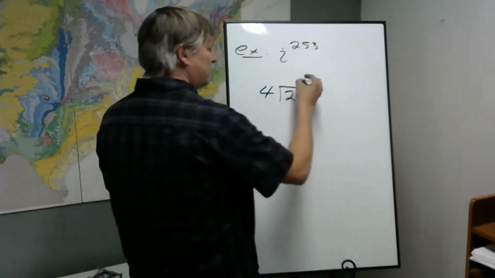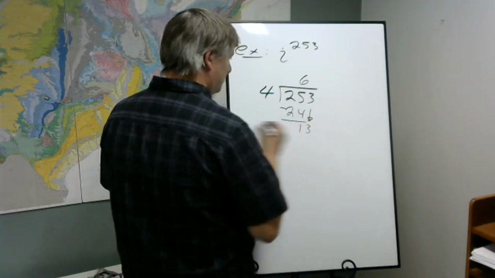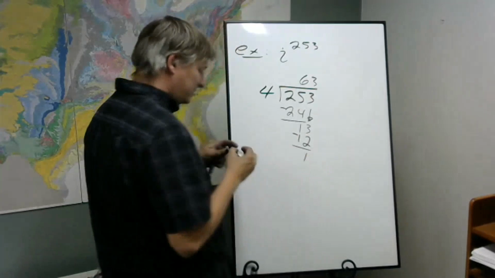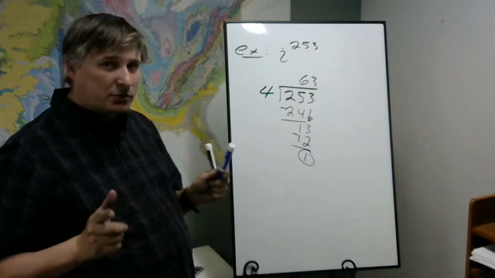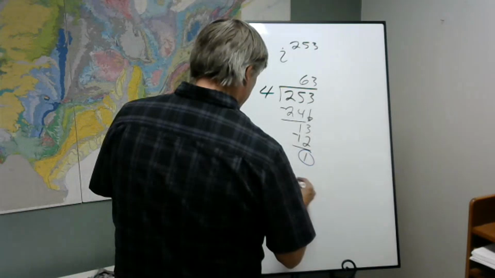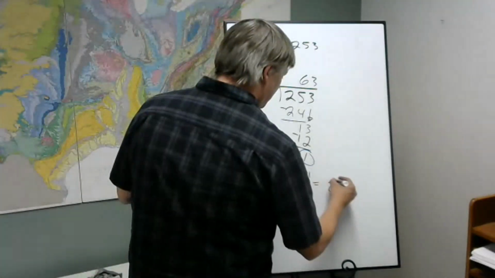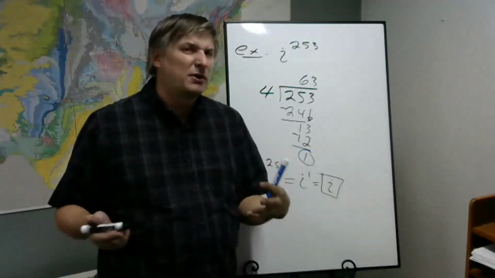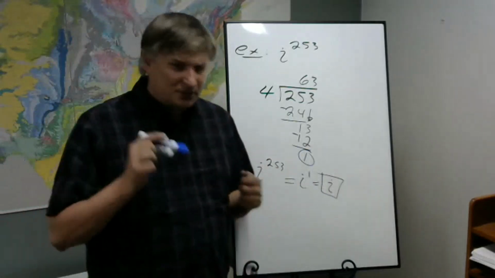So 4 goes into 25 at most 6 times. Bring down 3. At most 3 times. And we're done. So we get a remainder of 1. So the way this trick works, I to the 253 is equal to I to the 1, or just I. Or square root of negative 1, but I think in the text they want you to put I instead of square root of negative 1. But that's it. Let's do another example.